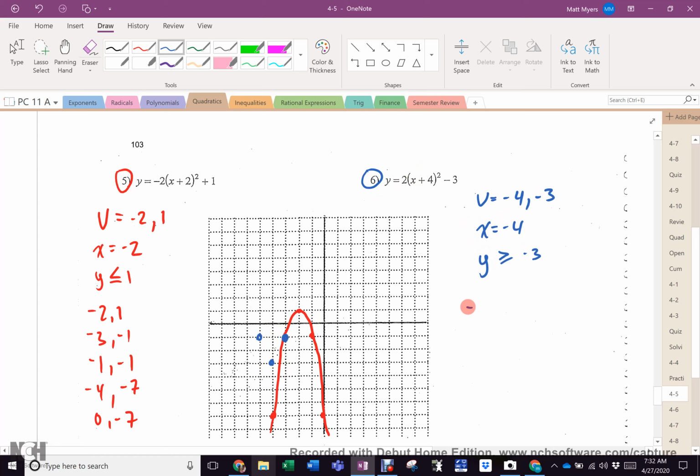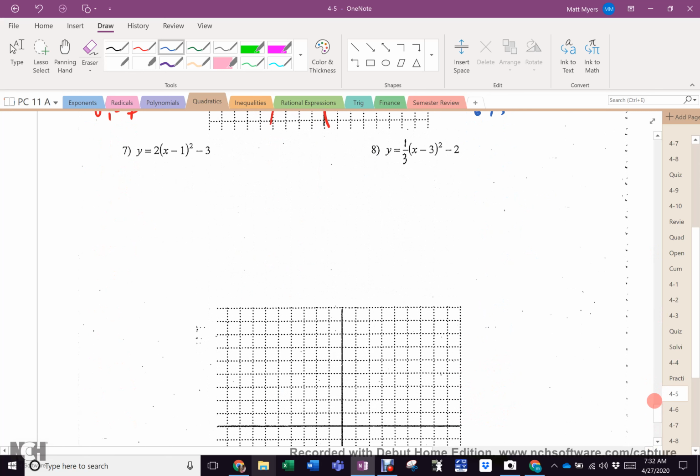That gets me -4, -3, -3, -1, -5, -1, over 2 up 8, 2, 4, 6, 8, which gets me -2, 5, and -6, 5. 1, 2, 3, 4. And there's that one.